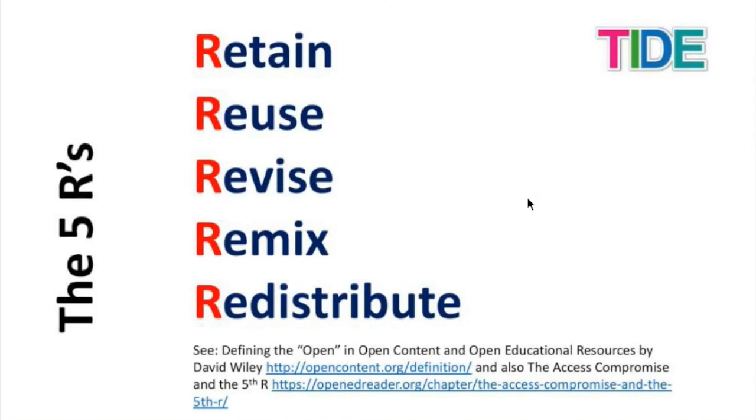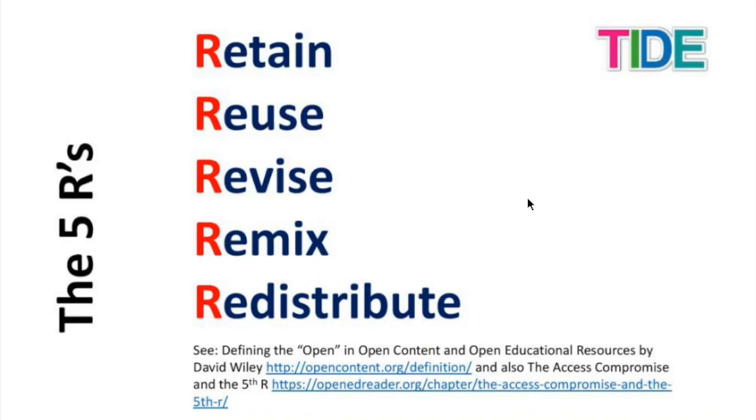One way in which OER is often referred to is by the use of something called the 5 R's. These are used to describe the rights that OER gives you. This definition was worked up by David Wiley.